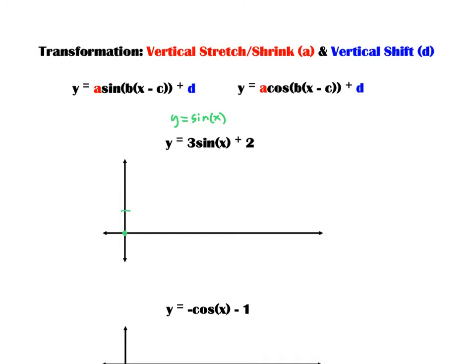I'm going to go 1 and -1, and pi, 2 pi, and in between with pi over 2 and 3 pi over 2. So our sine function, generally speaking, would look like this. Here's our parent function for the first period.